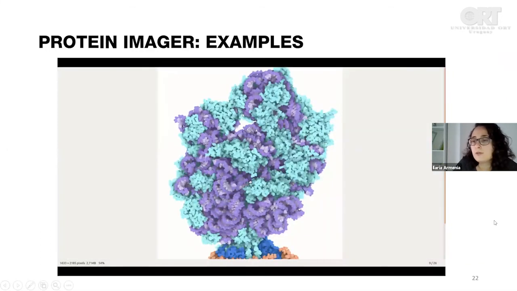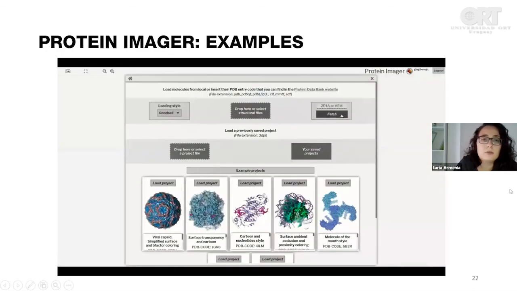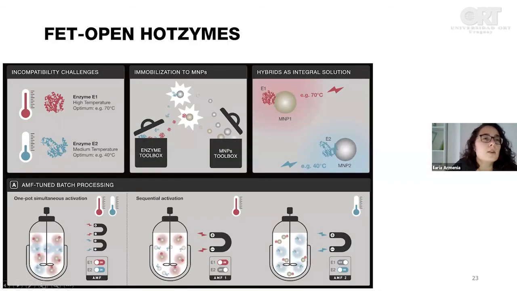And you can really use it during a meeting. I use it very often while we are working with the FET Open project. It's a project in which we want to create an enzymatic cascade, because we want to create a system that can compete with the actual one that is using a chemical reaction.